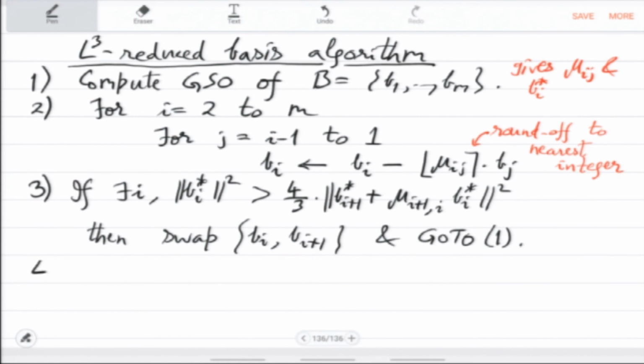So you will keep doing this, and then you will output the answer. Okay, so this is the reduced basis algorithm. At this point, it is not clear why it will work or whether it will ever stop. That is the first thing. If it stops, why is B1 to Bm a reduced basis? That is not clear. So we will do this next time.